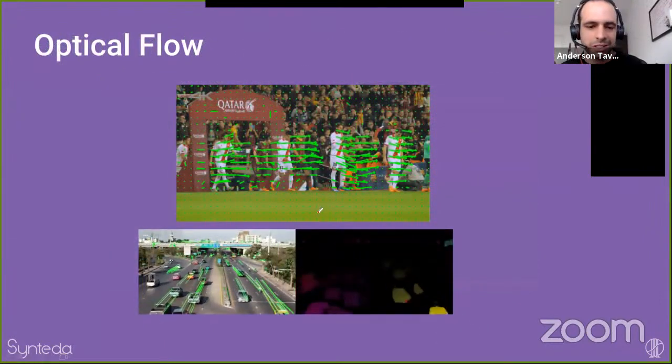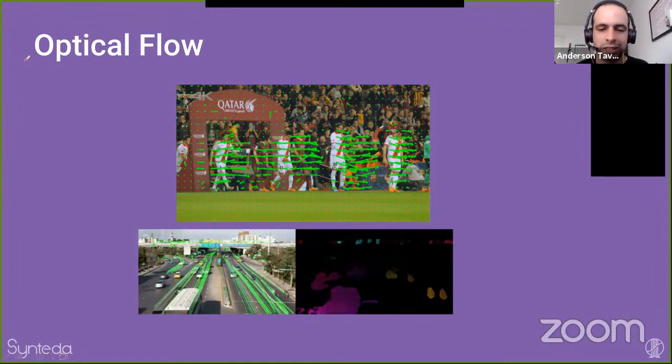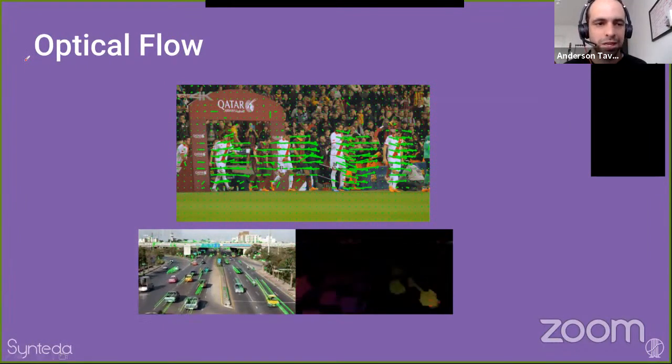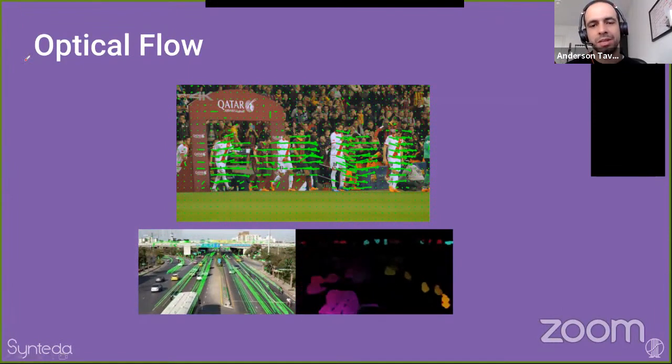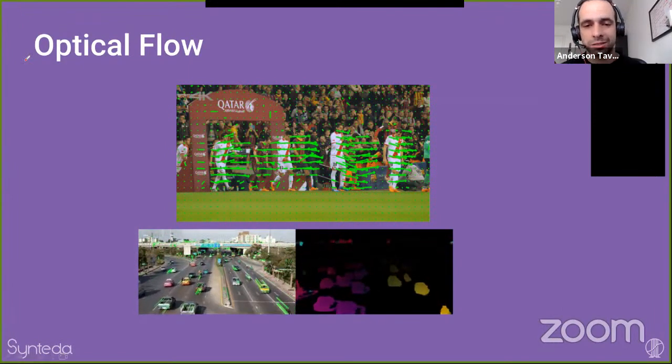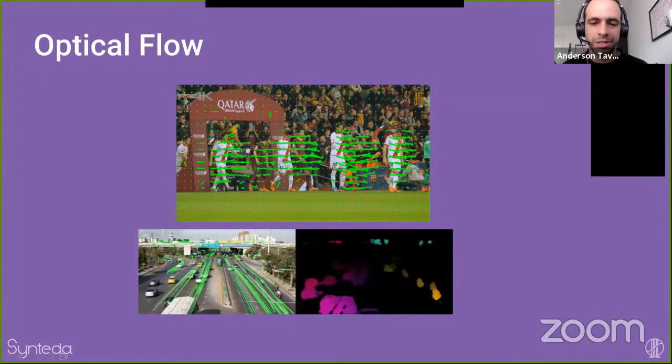In the software side, we also have some techniques to detect motion, like optical flow, which is detecting the displacement of the pixels in two images.